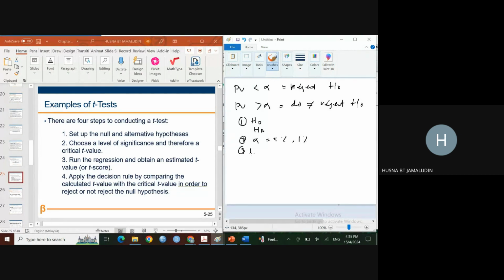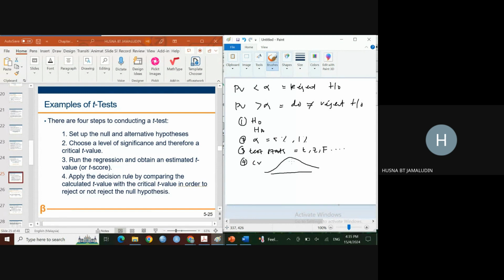Number 3, this is your test statistic. You're going to have a formula to compute your test statistic. You can have T, you can have Z, you can have F, whatever test statistic. Number 4, this is your CV. It will tell you the rejection region. From the CV, you will draw a diagram.